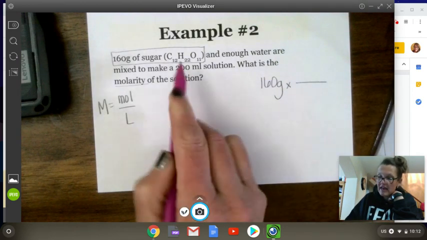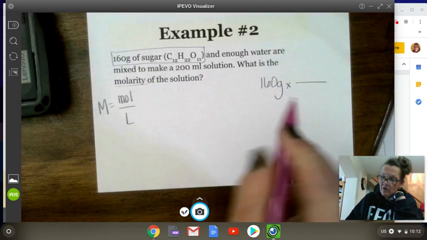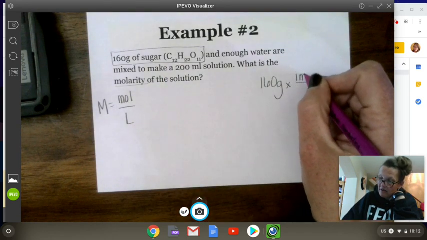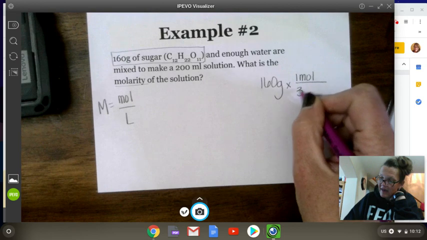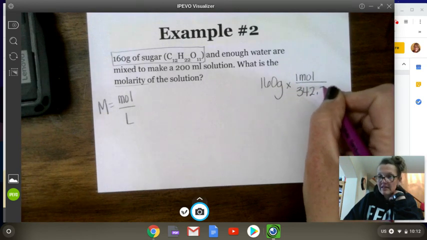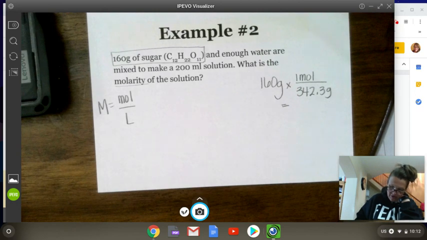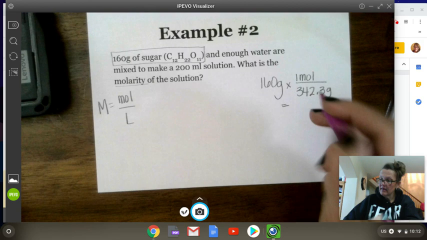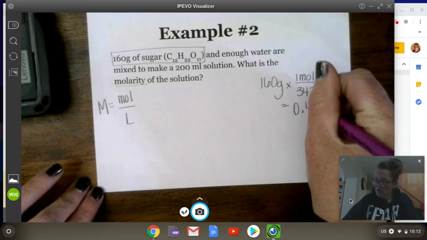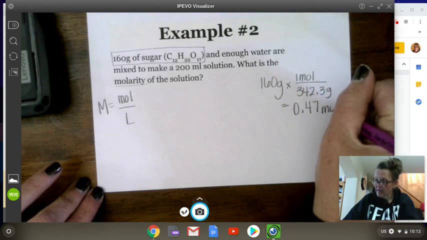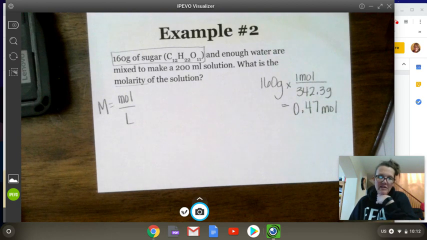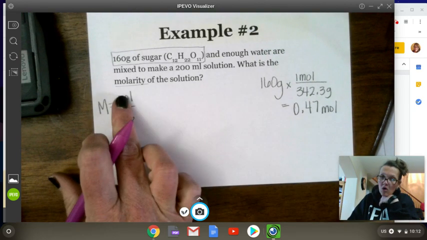You can look that up, right? C12H22O11. 1 mole of sugar has a molar mass of 342.3 grams. So the number of moles of sugar that we're dealing with is basically 0.47. And remember, we're going to just round to 2 decimals to make our lives a little bit easier.